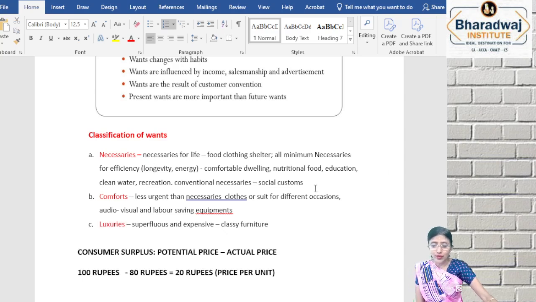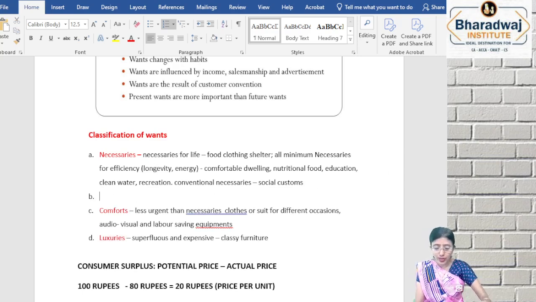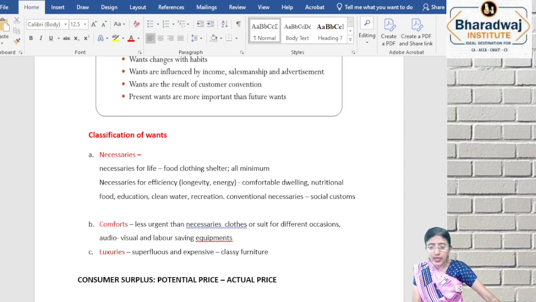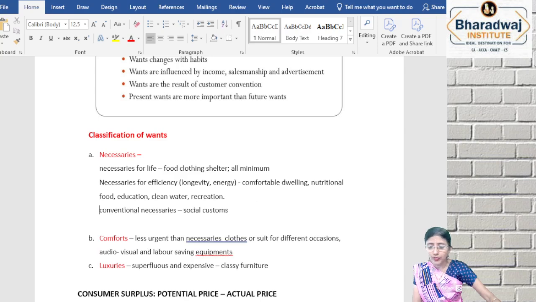And one thing which you may not know but we have hinted you is necessaries themselves are divided into necessaries for life, necessaries for efficiency, necessaries of conventional norm or conventional necessaries. Please look at the subdivision. Necessaries themselves are classified into necessaries for life, necessaries for efficiency, conventional necessaries.